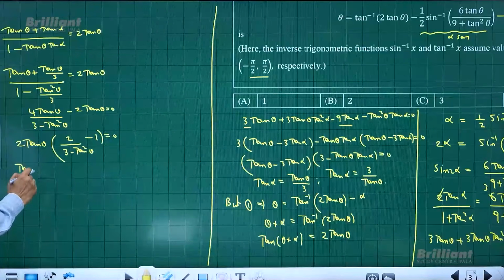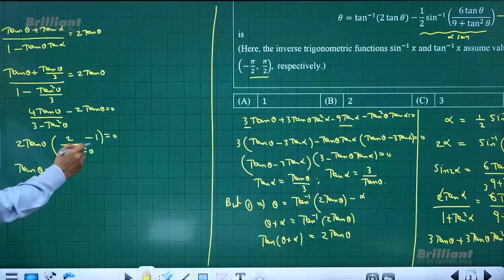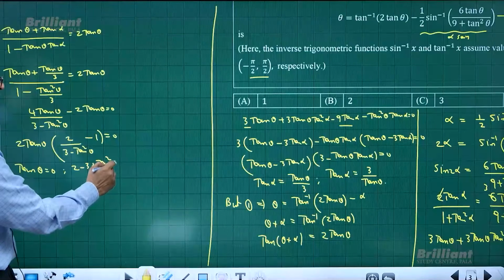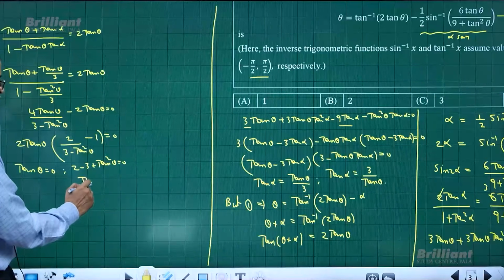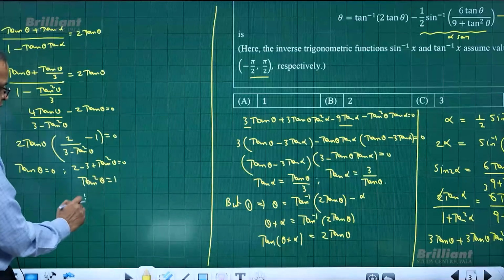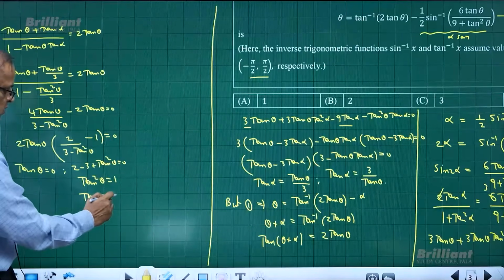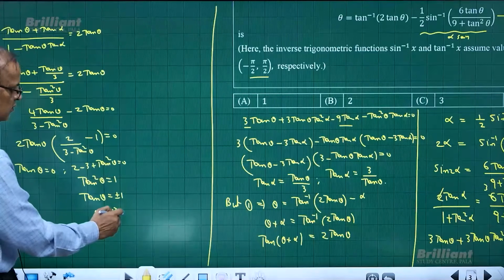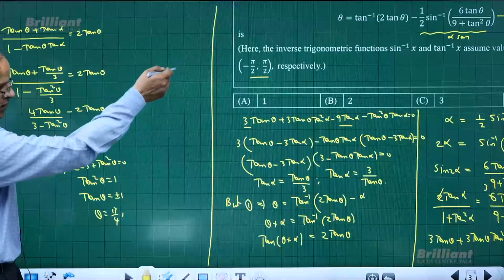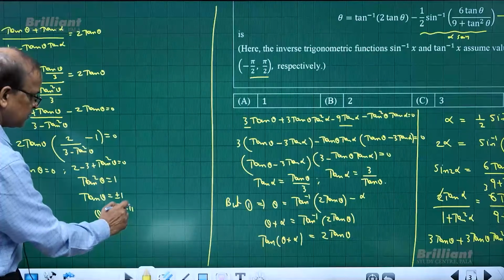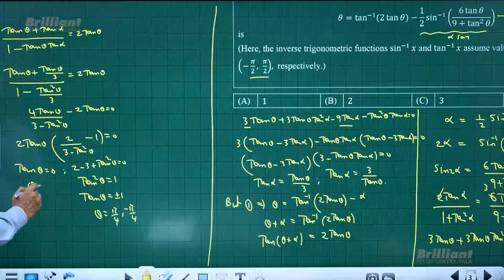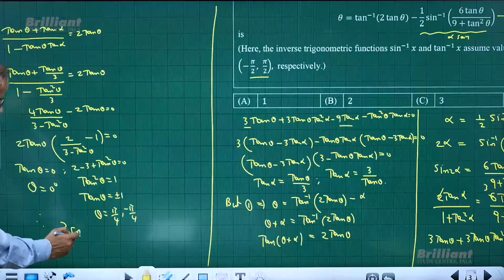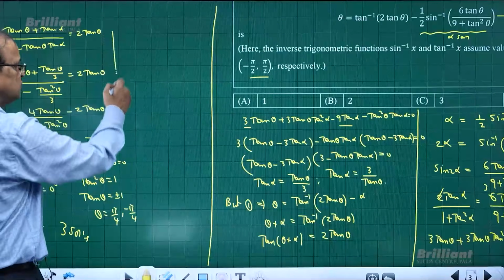So tan theta is 0, and here 2 minus 3 plus tan square theta is 0. So tan square theta is 1. Tan theta is plus or minus 1, right? Therefore theta is pi by 4, minus pi by 4, not 135, because only minus pi by 2 to pi by 2. So minus pi by 4, and theta is here 0. So therefore here 3 solutions, right? Now the second case we will do.